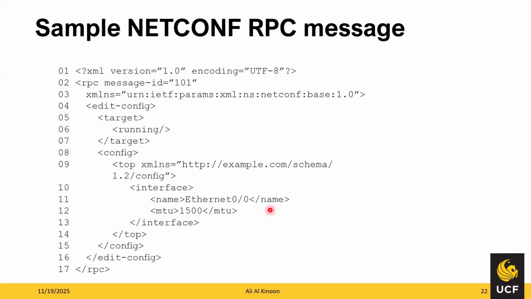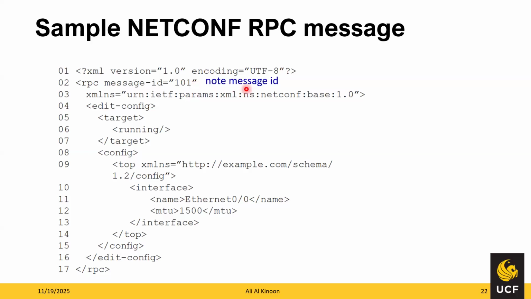So this is an example of a NETCONF RPC message, written in XML. It shows how a managing server is going to send a structured configuration change to a device. We walk through the important parts one by one. The first thing we have is the message ID.